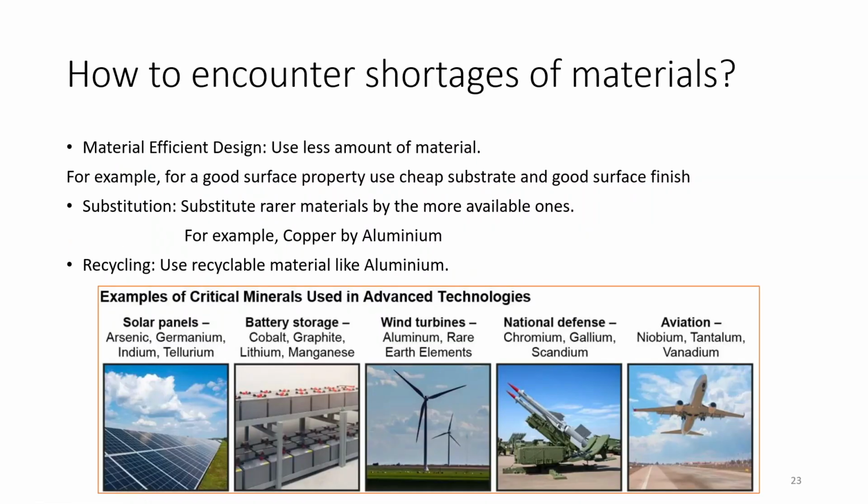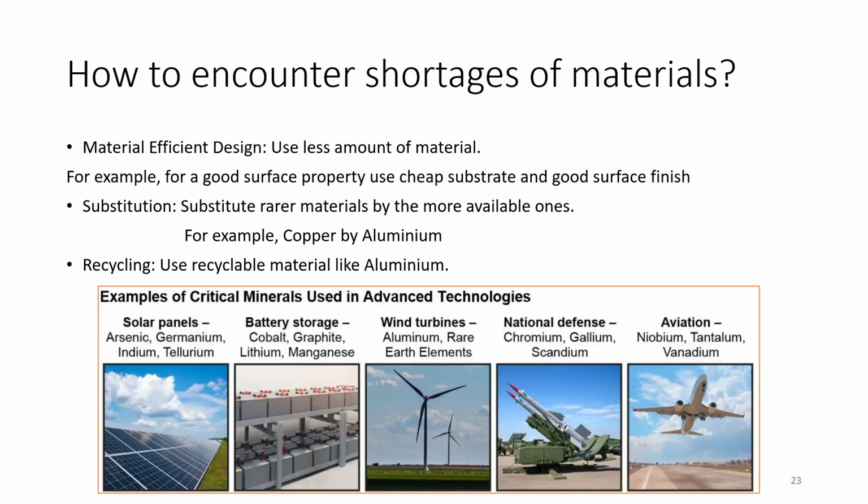Next is how to encounter shortage of materials. Firstly, material efficient design, which uses less amount of material. For example, for a good surface property, we can use a cheap substrate and a good surface finish. Next is substitution. We can substitute rarer materials by more available ones.